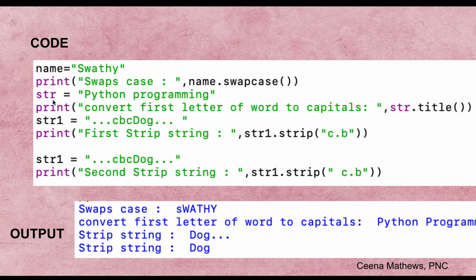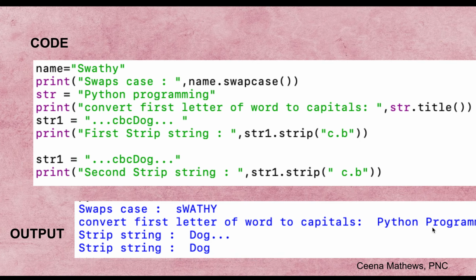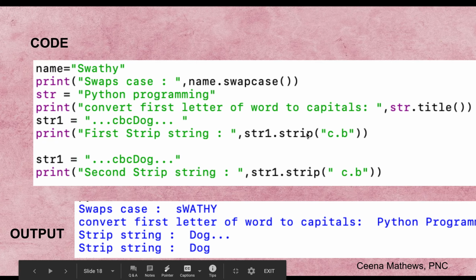Next is str, string given as Python programming, and here I use the method title, which converts the first letter of each word in the string to capital. So Python P is already capital, whereas in programming P is not capital, which has been converted to capital using this method.